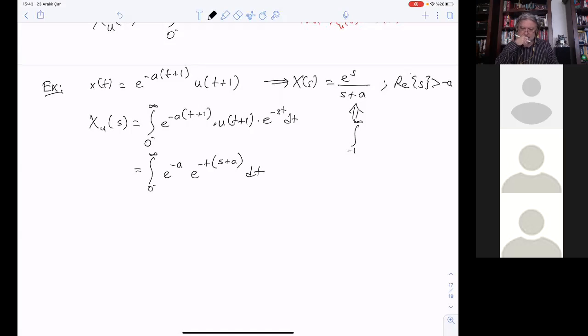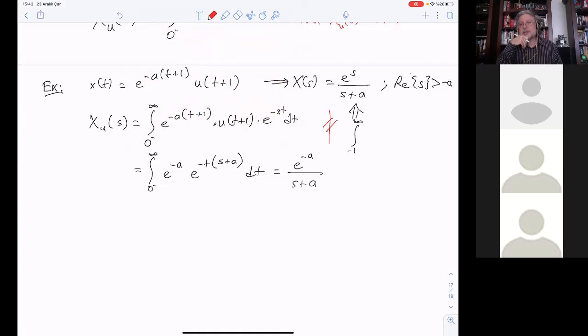So this is the integral that we need to take. This part of the integral is familiar. We know the integration will give 1 over s plus a. So the coefficient goes out of the integral, and the result will be e^(-a) over s plus a, or e^(-a) times 1 over s plus a. Now, as you see, these two are not equal to one another.